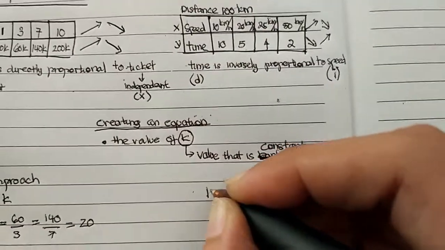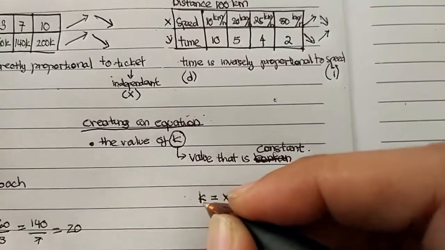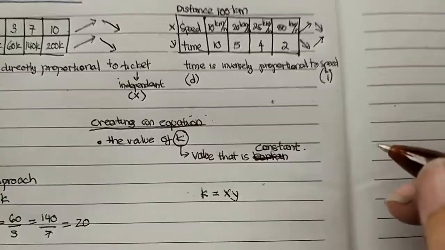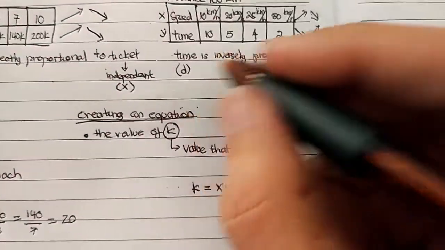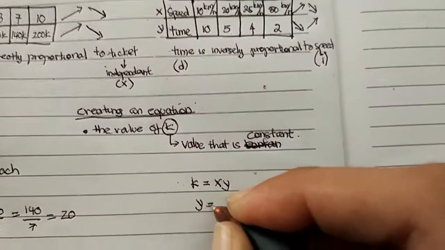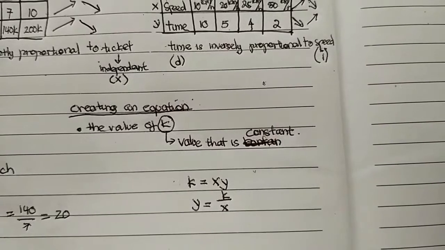So it says, if I multiply x and y, the value will be constant like this one. And if the time is the y and this one is x, when I want to make an equation, then y will be k divided by x.